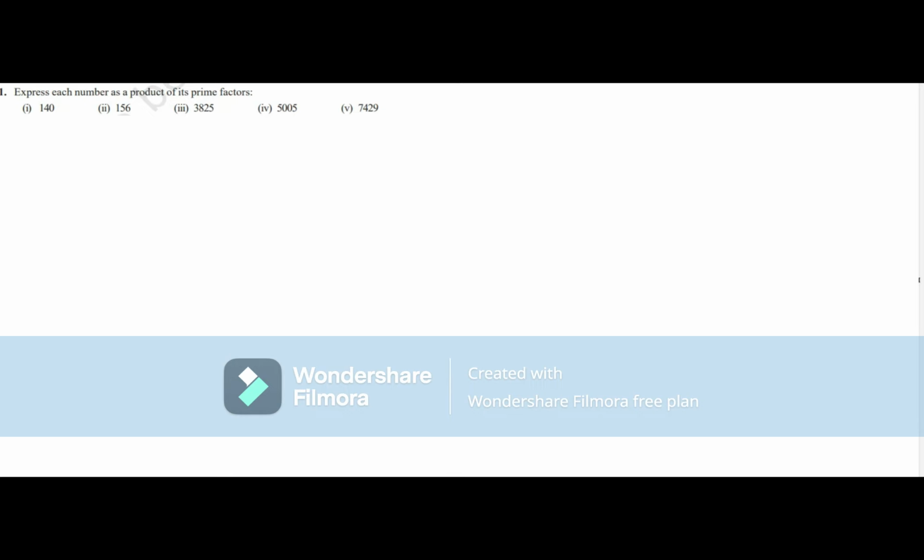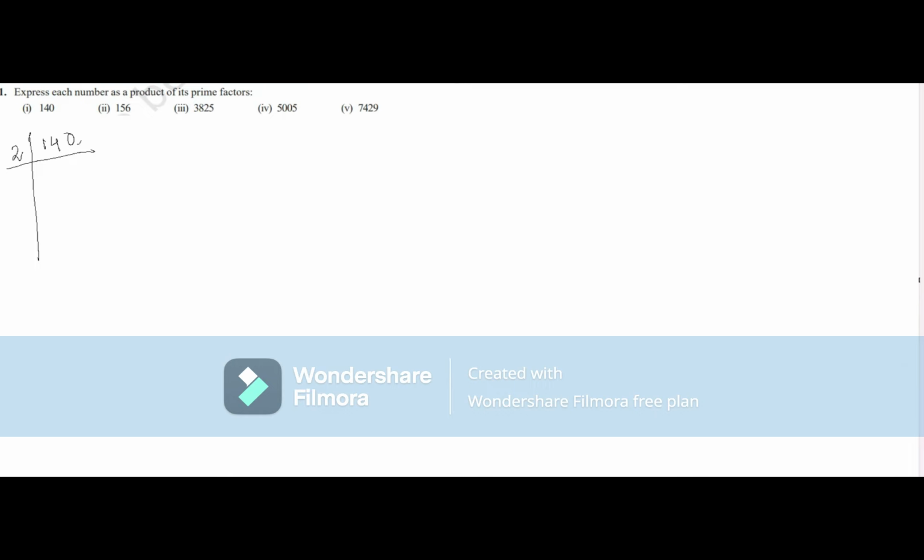So first question is 140. When I prime factorize, what is the last digit here? It is 0. Hence it will be divisible by 2.